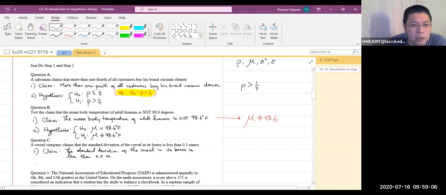Oh, this is straightforward. So step 2, the hypothesis. The alternate hypothesis: standard deviation is less than 0.5 ounce. And the complement of that, the null hypothesis: standard deviation is greater than or equal to 0.5 ounce.